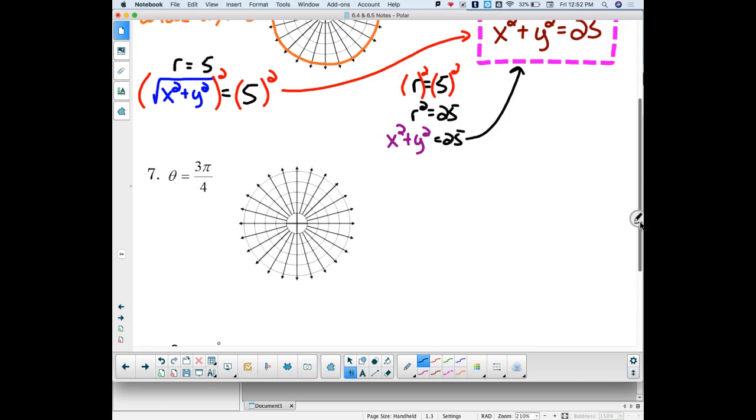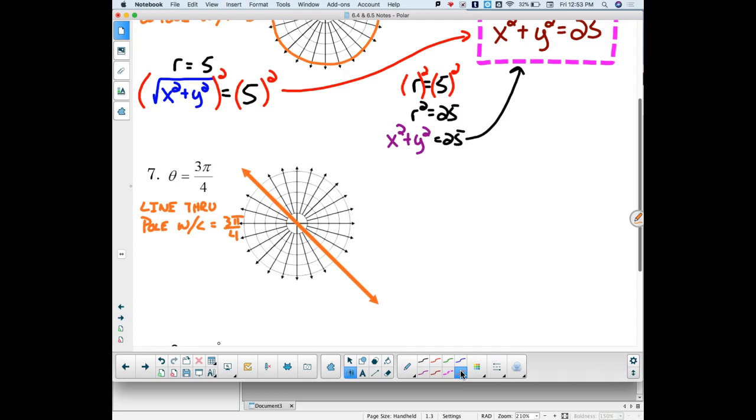Because what it's asking for, it's asking for all the radiuses at an angle of 3 pi over 4. Okay? So that looks like that. That's all the radiuses at 3 pi over 4. Okay? So this is a line through the pole with an angle equal to 3 pi over 4. Right?